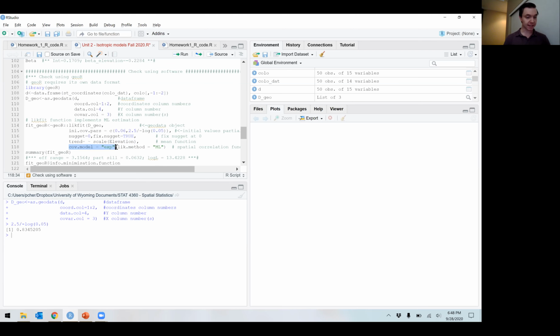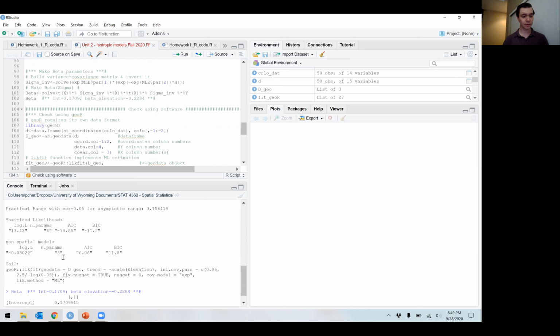Estimation method, maximum likelihood. Parameters of the mean component. Beta 0, the intercept, was 17.09. We estimated 17.09. Cool. Beta 1, which is the coefficient of centered and scaled elevation, is negative 0.2284. We estimated negative 0.2284. Let's just make sure that is the case.